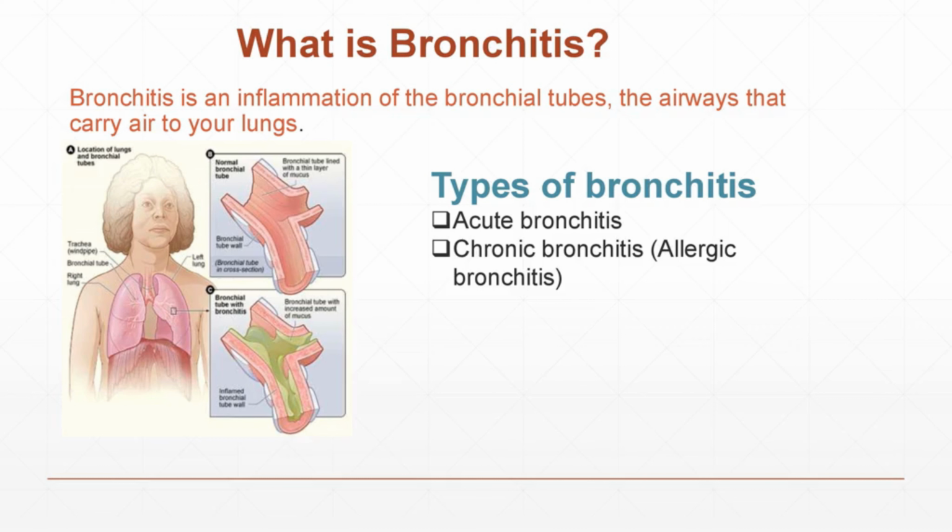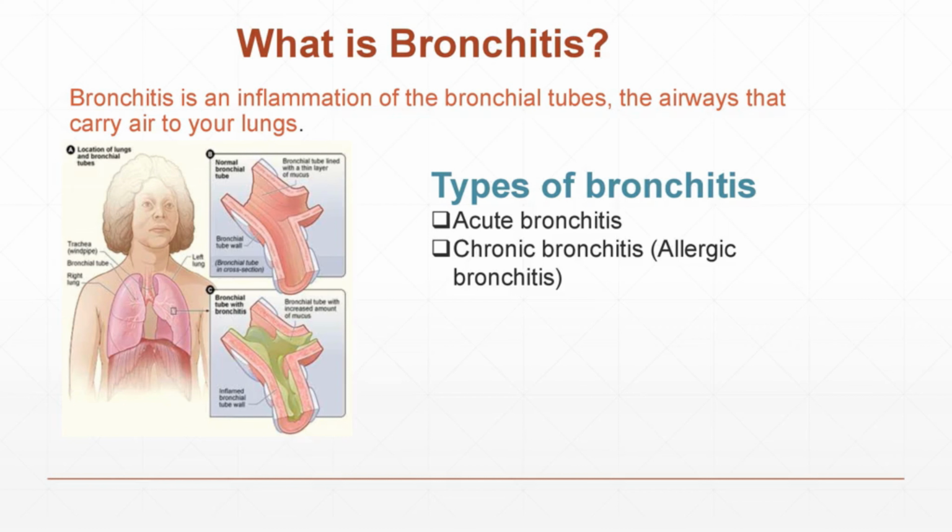Here in this diagram, you can see a normal bronchial tube figure, which shows that your bronchial tubes are lined with a thin layer of mucus and there is no inflammation in the bronchial tube wall.